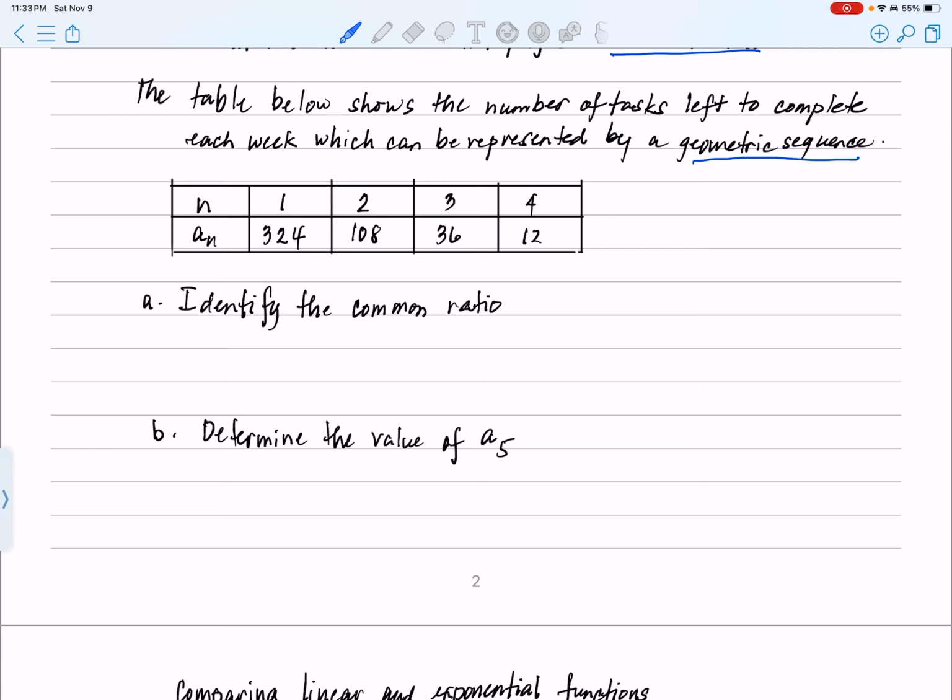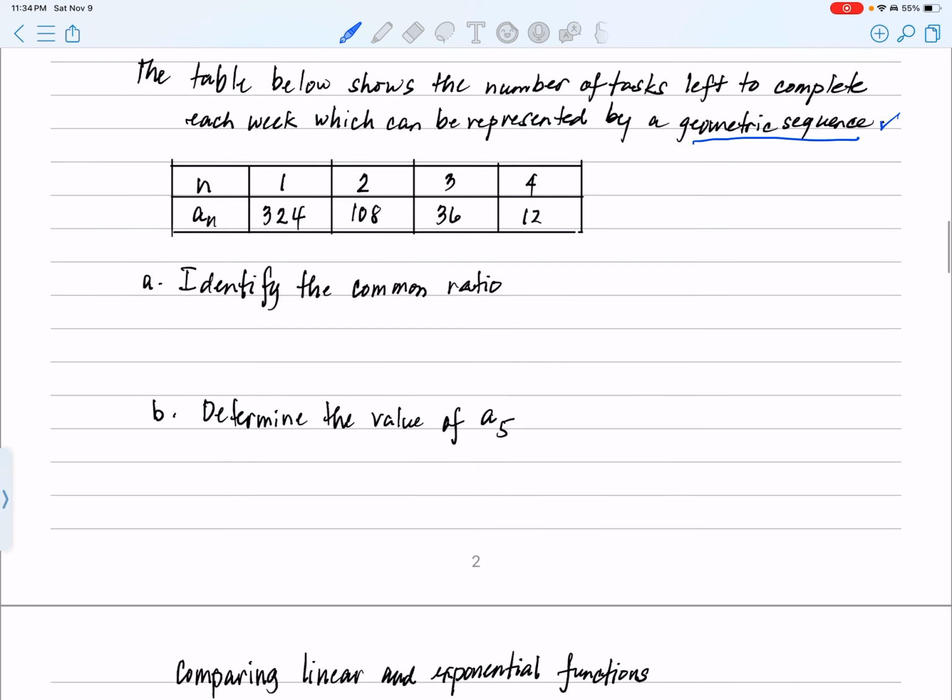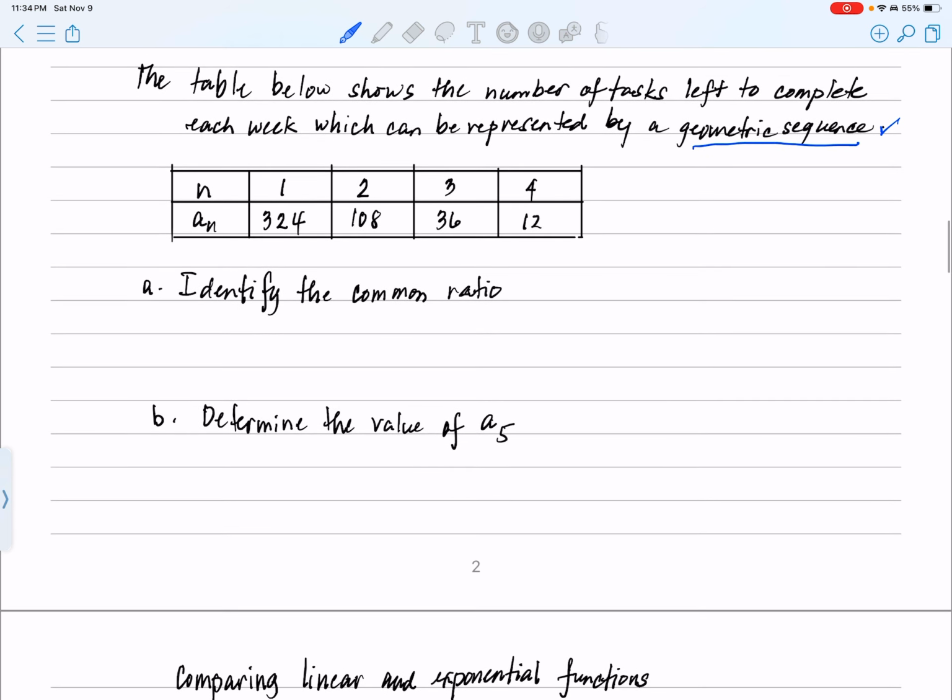Since we already know that this is a geometric sequence, as it says here, we can use any pair of values of the n values since they are 1 unit apart. So we can choose any of the two values here.